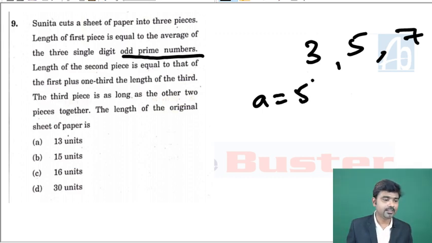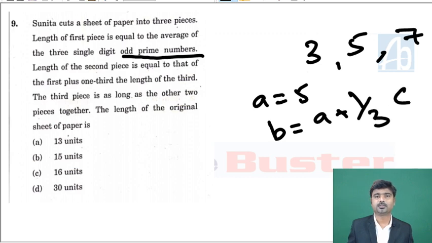The second is given: the length of the second piece is equal to that of the first plus one third of the third. See, the second is equal to the first one plus one third of the last, right? Already we know this A value is 5. The third piece is as long as the other two pieces together, the length of the original piece.